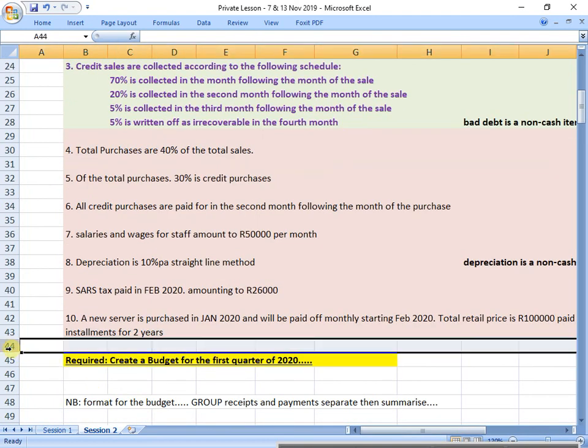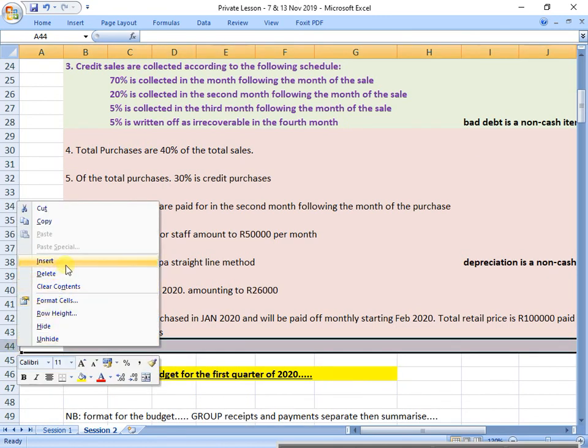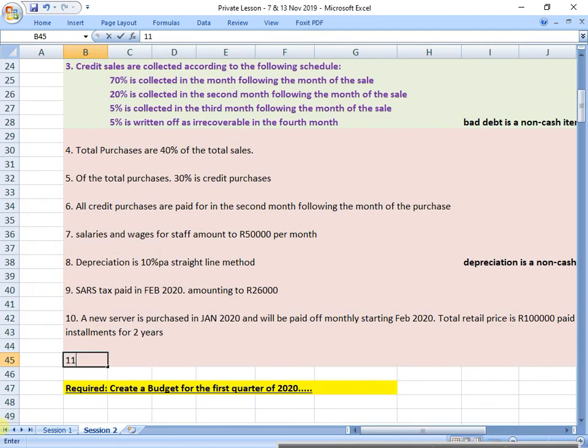Let's just put a line here. Okay, cash balance in the bank account for the end of December is 100,000 for this particular business, right?